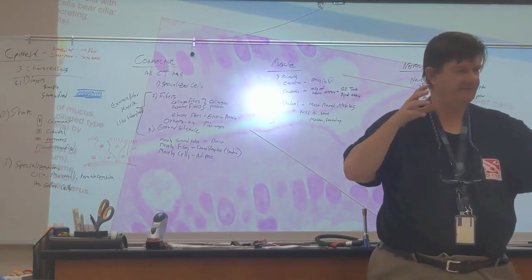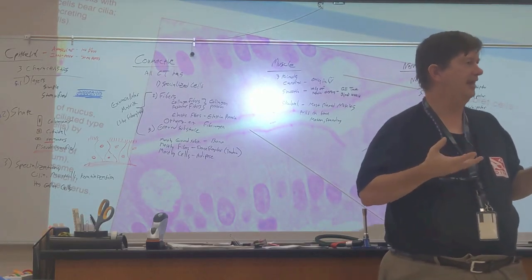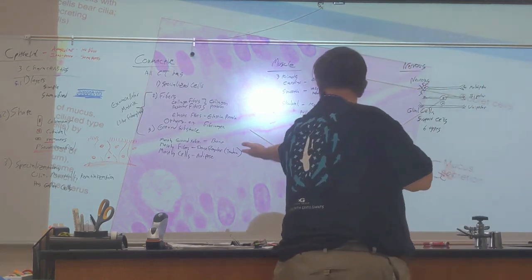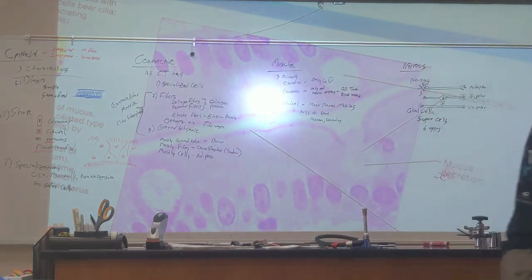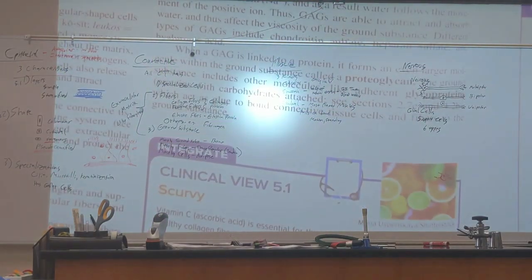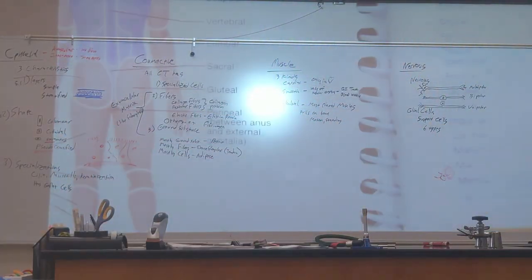Now, there are different forms. There are forms that are real watery and they're used for lubrication. An example of that would be goblet cells in the intestine, like we're looking at there. Whenever they spill their mucin out, let's see if I can find the same picture again real fast. Probably not.